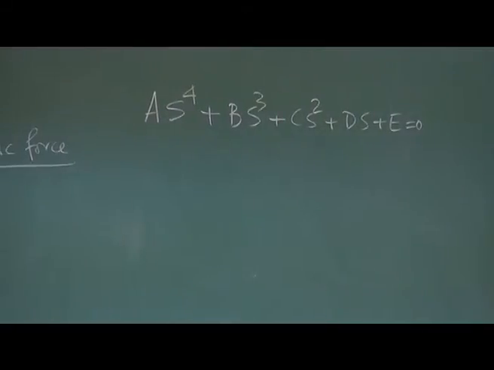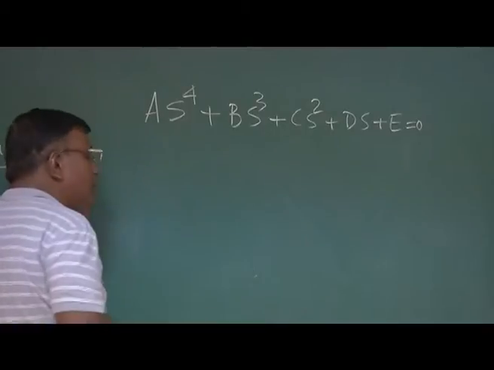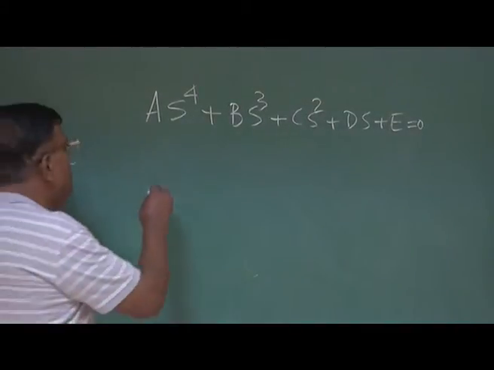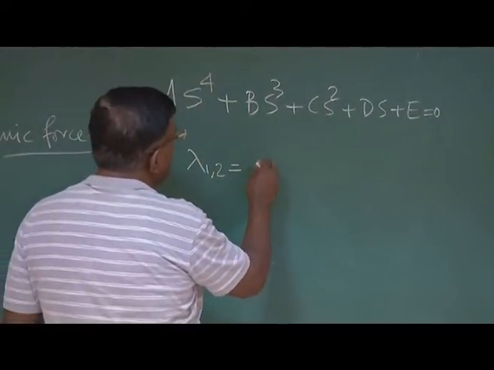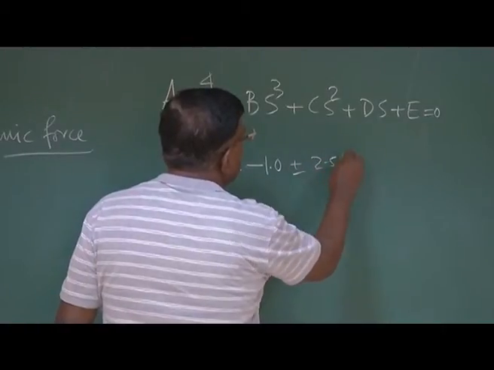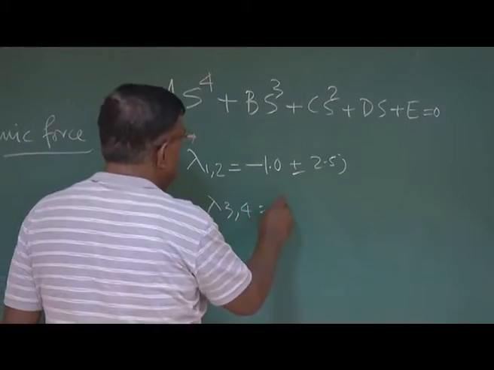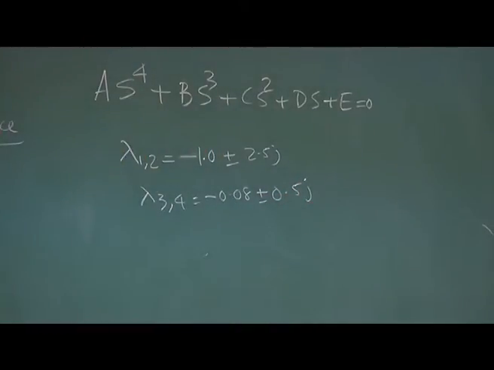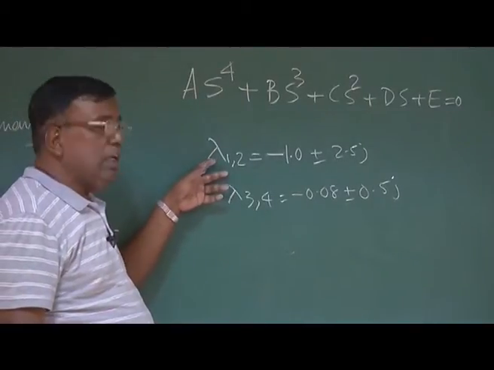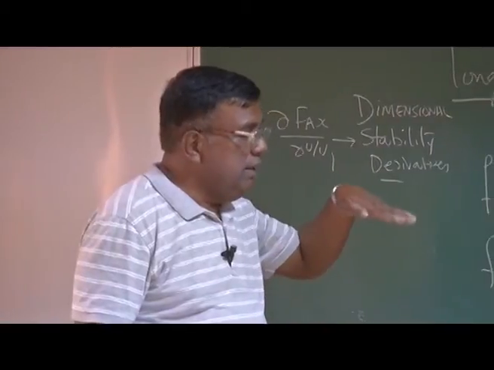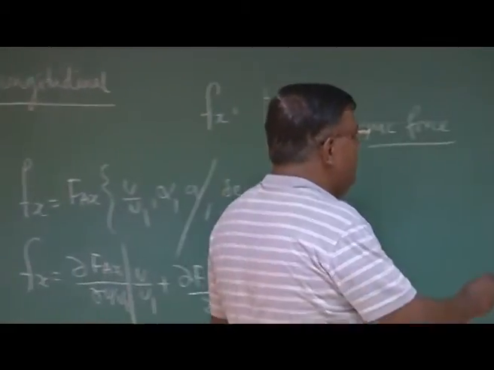And numerically, you can find the solution for this equation, and you realize that for most airplanes, when I solve this equation for longitudinal perturbed equations of motion, we get roots, let's say lambda 1, lambda 2, typically, let's say, I give number 1.0 plus minus 2.5 j, lambda 3, 4, let's say minus 0.08 plus minus 0.5 j. Important thing to understand is you get two pairs of complex conjugates. That means this root tells you that the response, which I will use to characterize this transient, is oscillatory in nature. Okay?